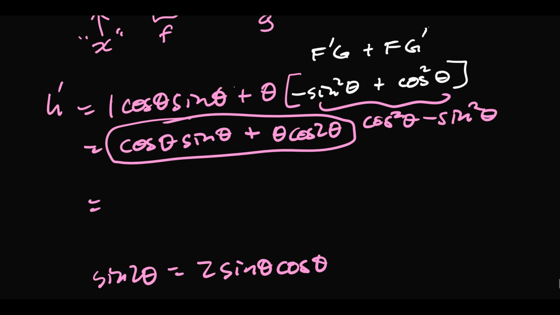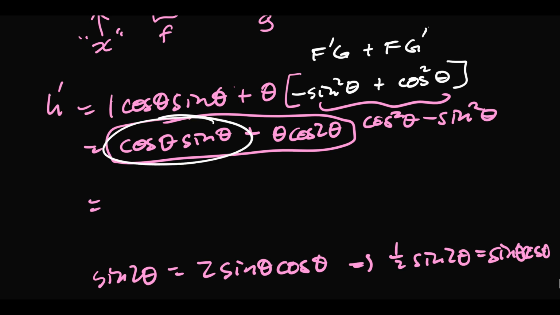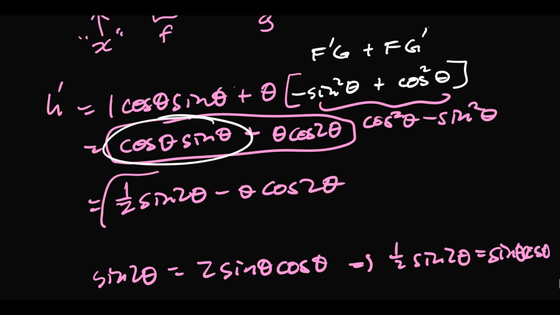So if I divide both sides by 2, I get 1/2 sine of 2 theta equals sine cosine, which is right here. All right. So what I can do is write that as 1/2 sine 2 theta minus theta cosine of 2 theta. And there you have it.